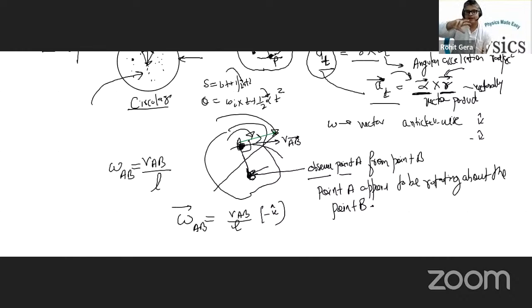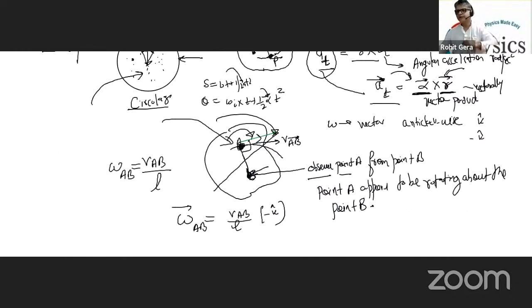Omega is also a vector, unlike in our previous thinking where omega just had a magnitude of 5 radian per second, and so on and so forth. Okay, so similarly, if you stand at B and you start looking at A as an observer, you will find that B is also rotating with an identical angular velocity.